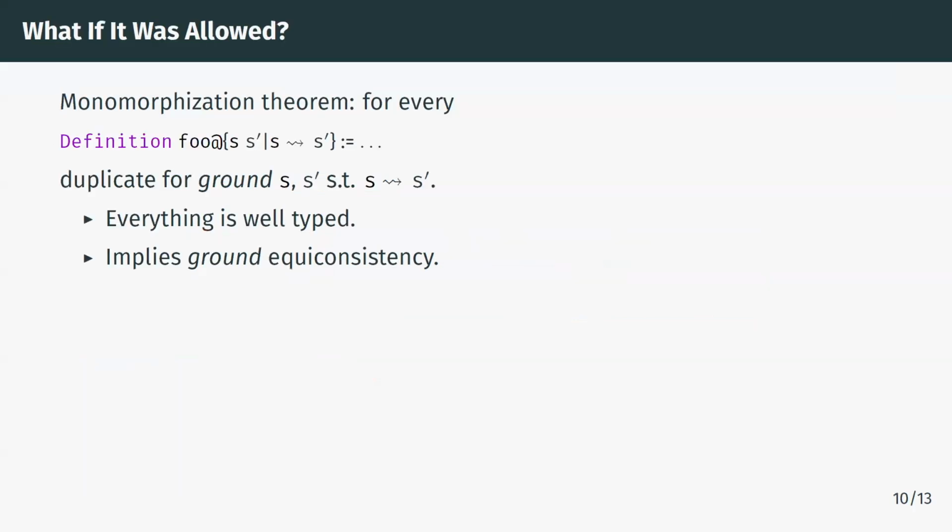Actually, it's not so bad, at least with ground sorts, because we have a monomorphization theorem which says that for every definition which has elimination constraints, we take all the ground sorts that verify this elimination constraint, and we duplicate this definition as much as we can.